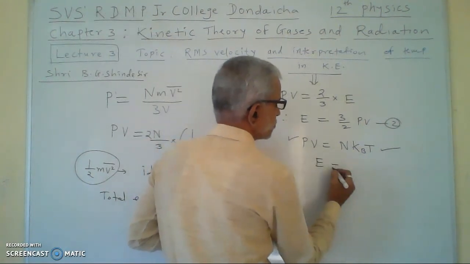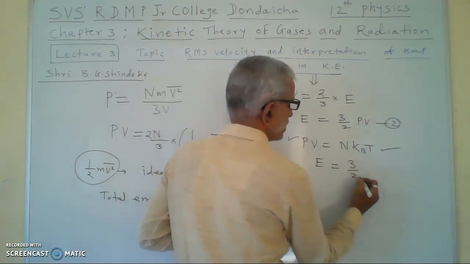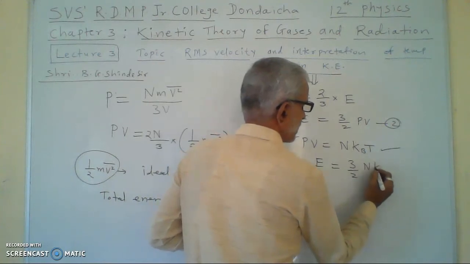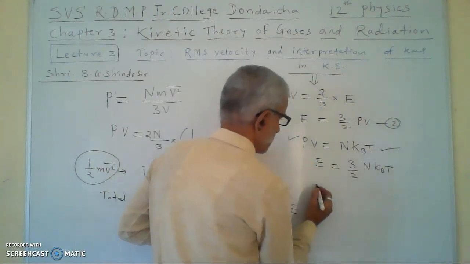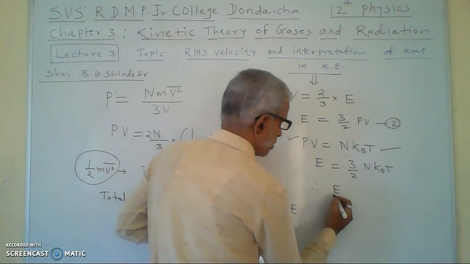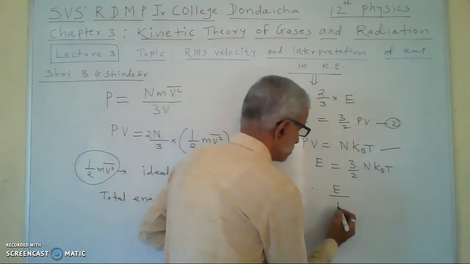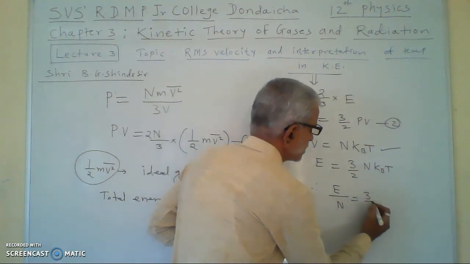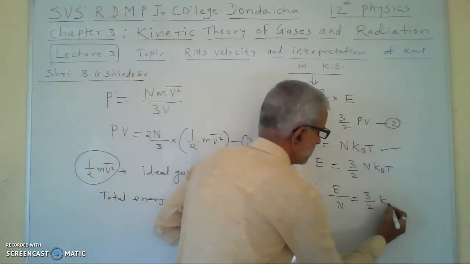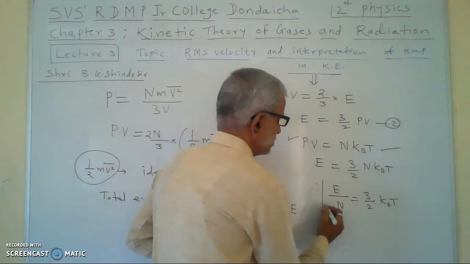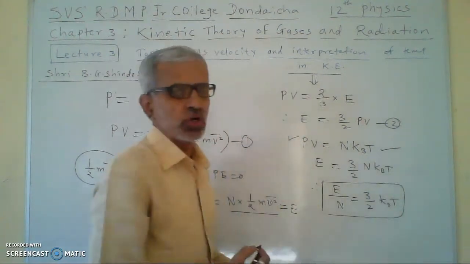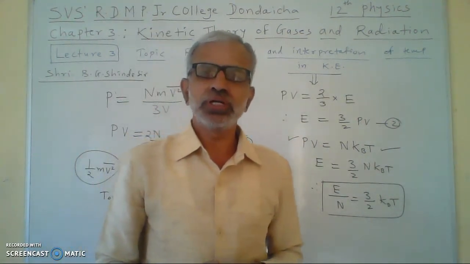So E is equal to 3/2 N Kb T, and therefore the total energy per molecule is equal to 3/2 Kb into T. So this is the expression for total energy per molecule.